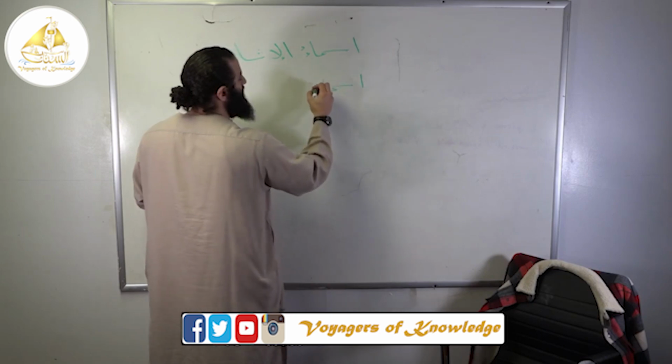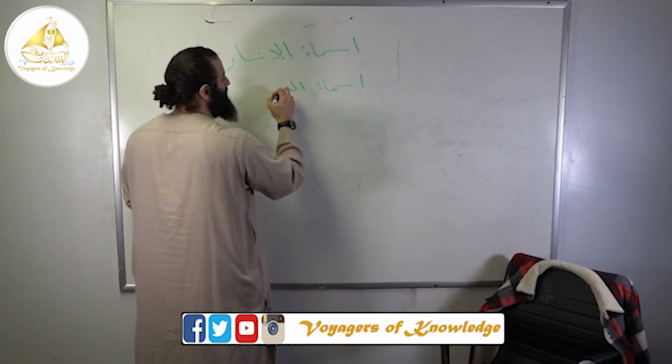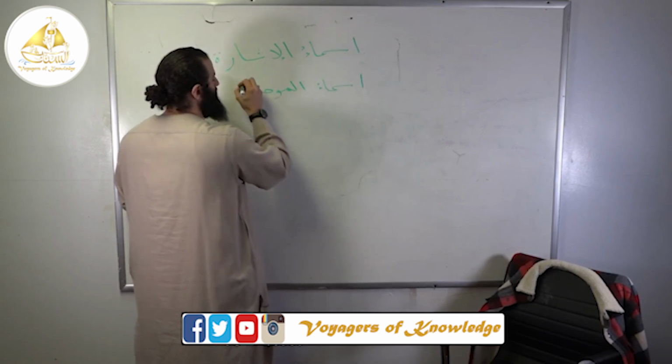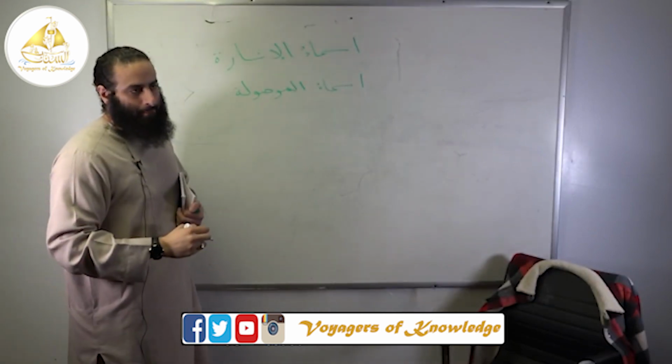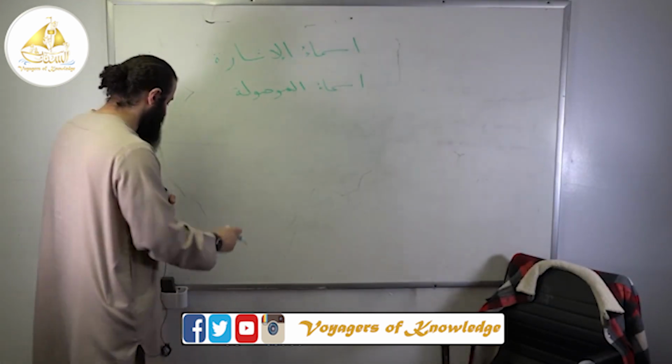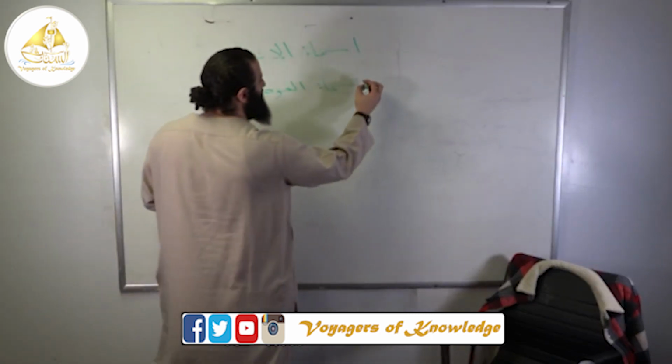All right, and now we have. Is that the same thing as a damir? No. Asma'ul mawsula. Or how it's usually described is they put al here. They put al asma'ul mawsula.